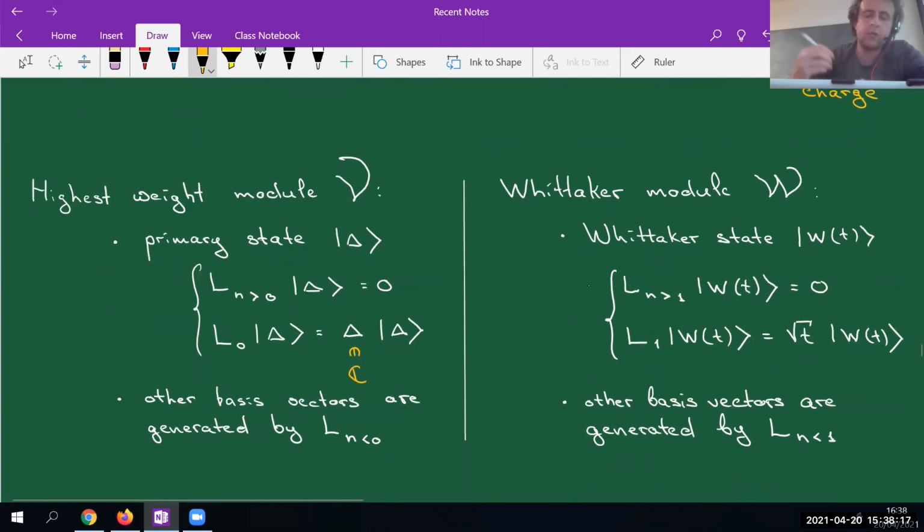The first type of representation will be highest weight modules. And their construction is precisely like what you know for SL2, right? So for SL2, you have some highest weight vector. In SL2, you have L plus, L minus, L naught.